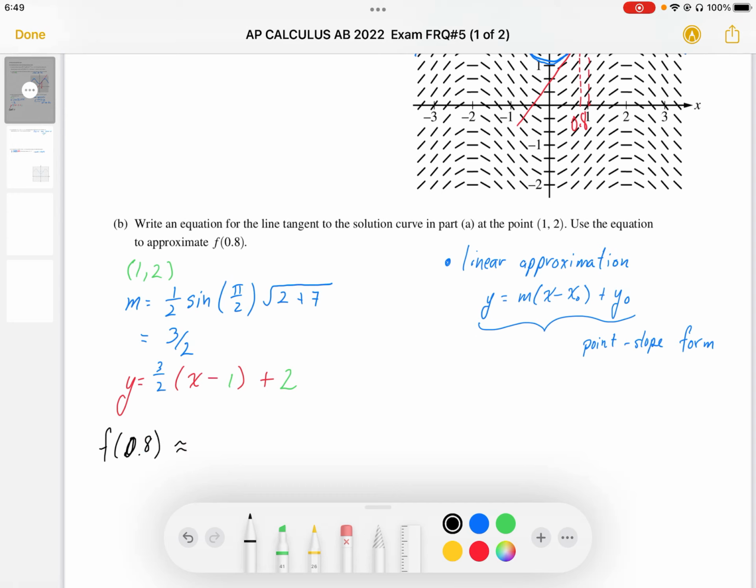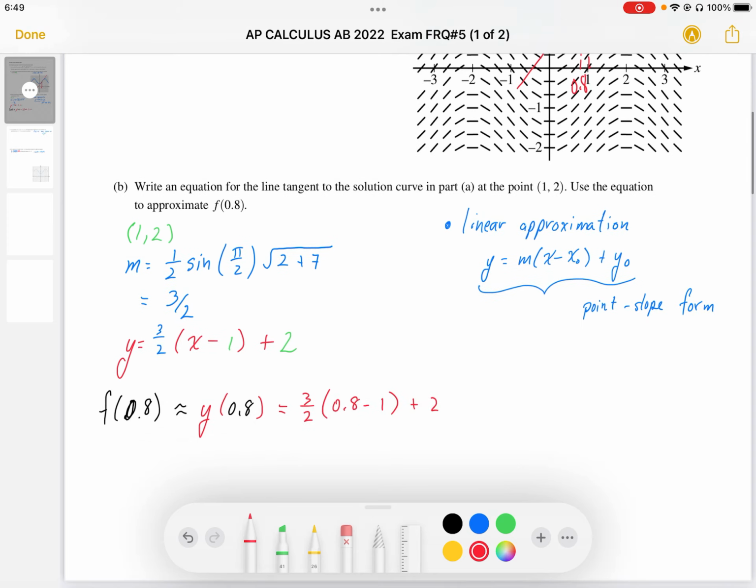So f(0.8) is approximately equal to the y value on that line when x is 0.8. When I plug that in, I'm going to end up with 3/2 times (0.8 minus 1) plus 2.